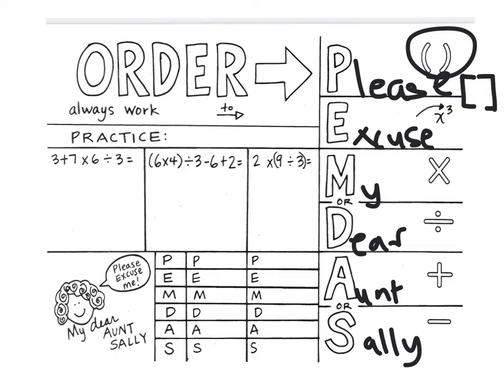So the next letter is E for excuse. That actually represents something called exponents. Now, exponents are extremely important, but for fifth grade, we don't have to worry about them. What I mean by that is you guys will never see an exponent on a test.